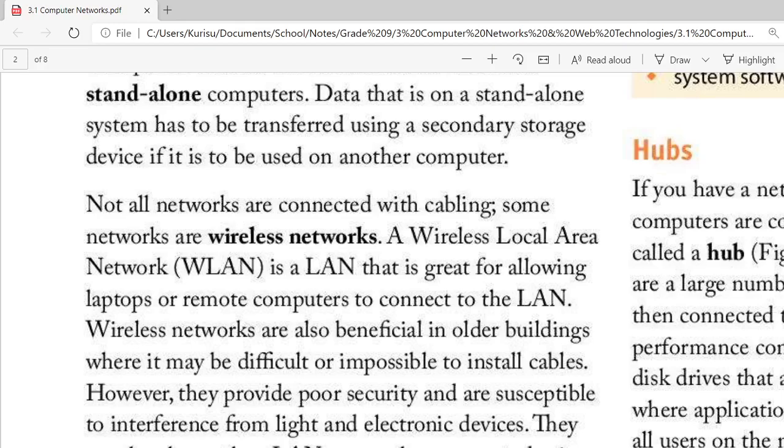For example, if you have a laptop and you plug in a cable, you have to be exactly where that cable is connected to your computer. But with a wireless LAN, you'll be able to reach different areas in your home or different areas in the building and still be connected to the network.